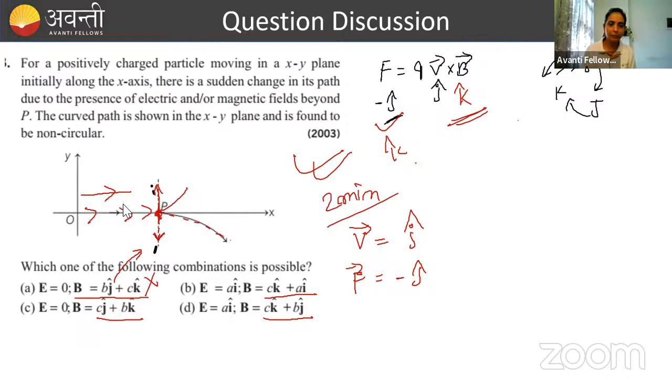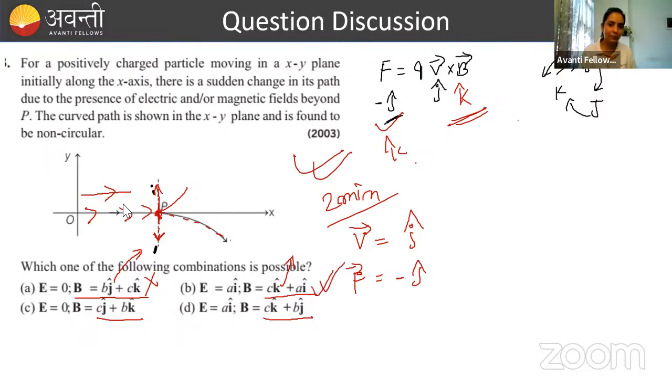And if you come here, one force is in the k cap direction, one magnetic field is in the k cap direction. That is correct, we checked already. And the other magnetic field has a magnitude of A in the i cap direction. If the magnetic field is in the i cap direction, it will have no effect on its trajectory. Why? Because force is v cross B. Velocity is in the i cap direction, magnetic field is in the i cap direction, i cross i is 0.